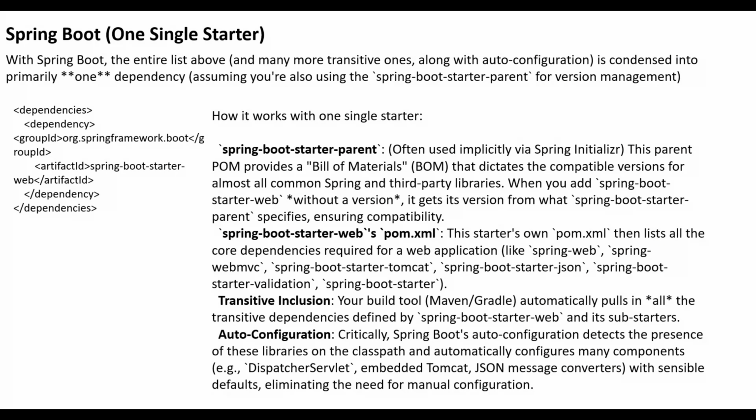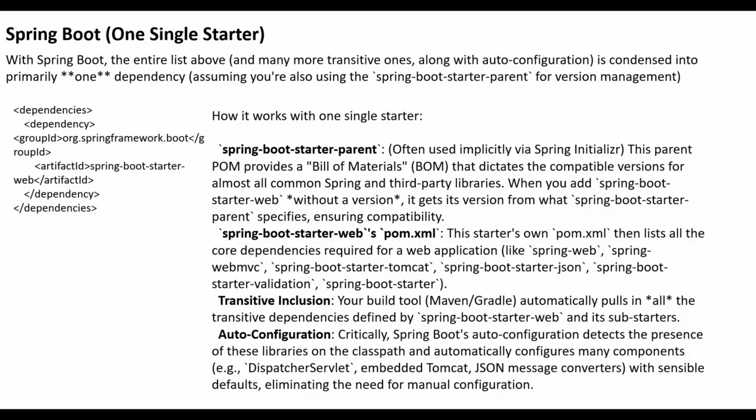Okay, now let's look at an example of how in the pom.xml, if you add one single starter web, what is the impact or what is the change after Spring Boot has been introduced. Now you see here, there is only one single dependency we have added, and this is going to take care of everything.